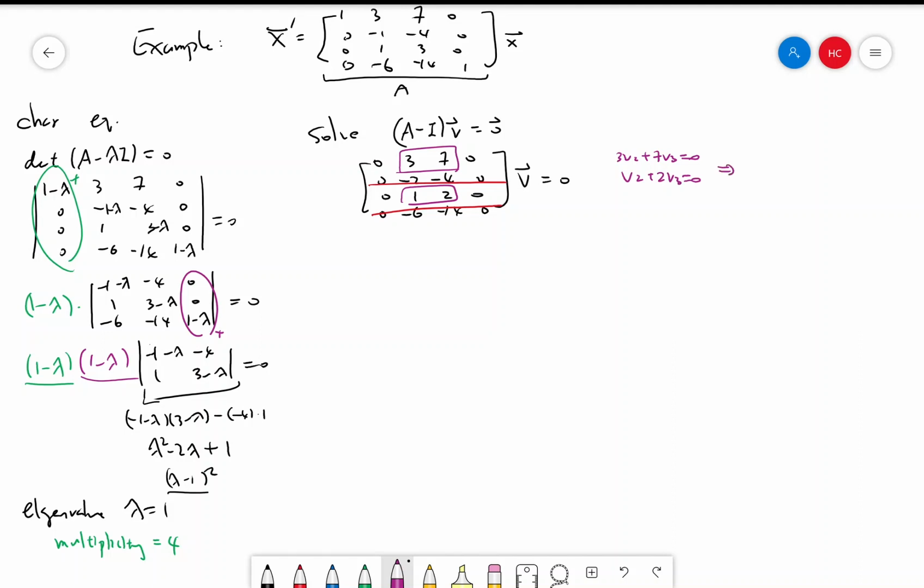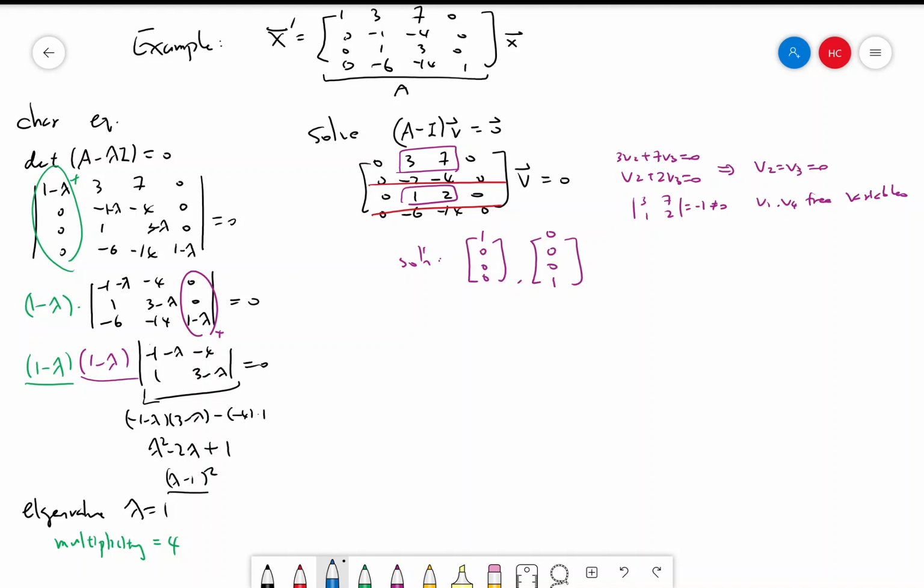And because the determinant of 3, 7, 1, 2 is negative 1, which is not 0, this directly tells you that v2 and v3 are both 0. And so v1 and v4 are free variables. So the solution is, if v1 is a free variable, then it's 1, 0, 0, 0. And if v4 is a free variable, then it's 0, 0, 0, 1. So these are the two solutions.